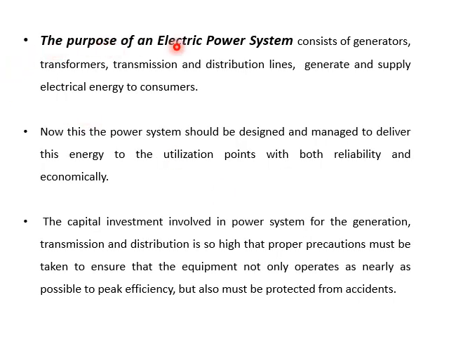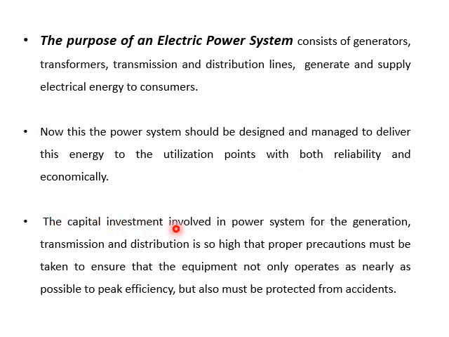So the purpose of an electrical power system, which consists of the generator, the transformers, and transmission and distribution lines, is to generate and supply the electrical energy to the consumer. Now, the power system should be designed and managed to deliver this generated energy to the utilization point with both reliability and economy.